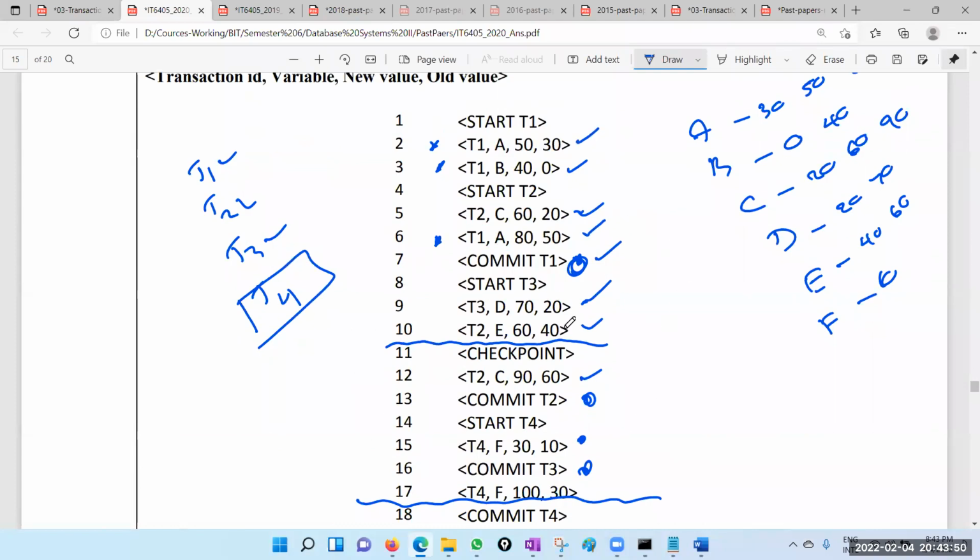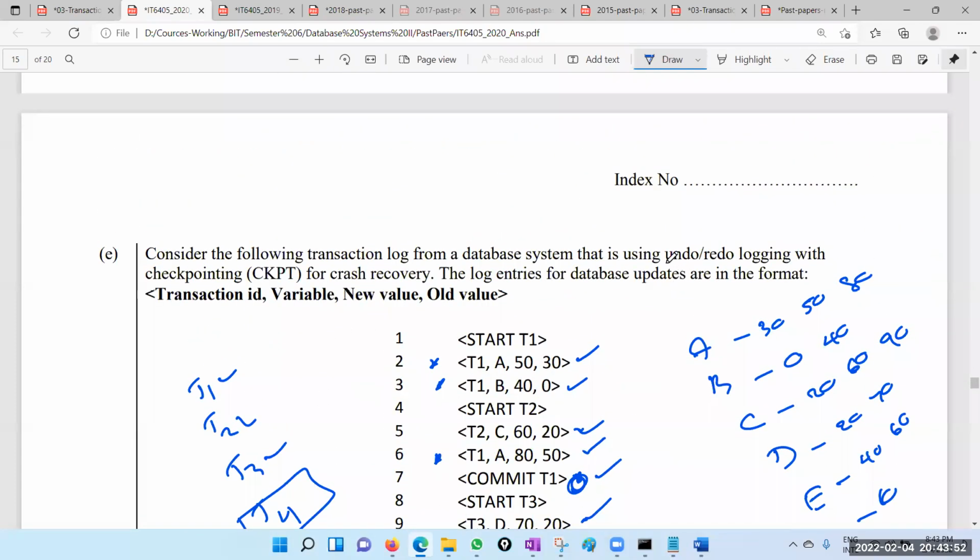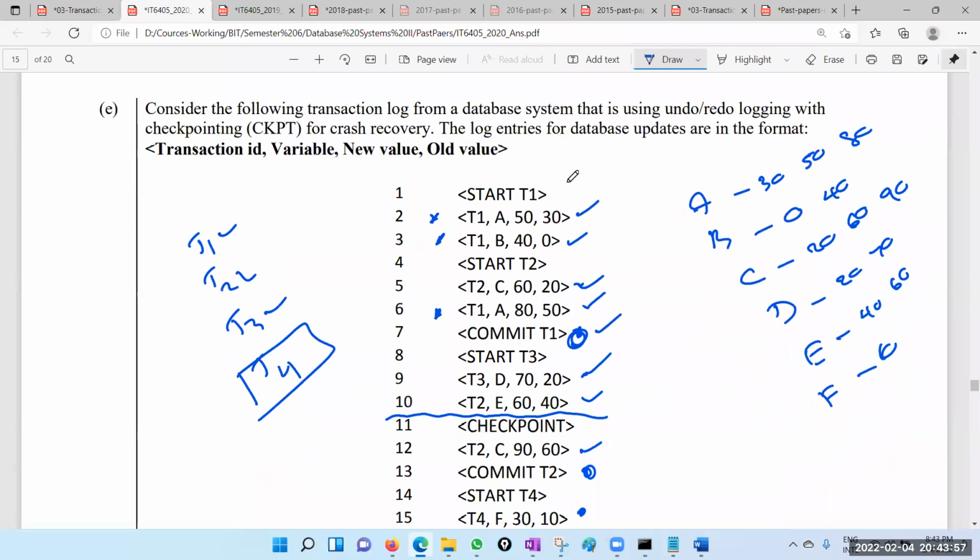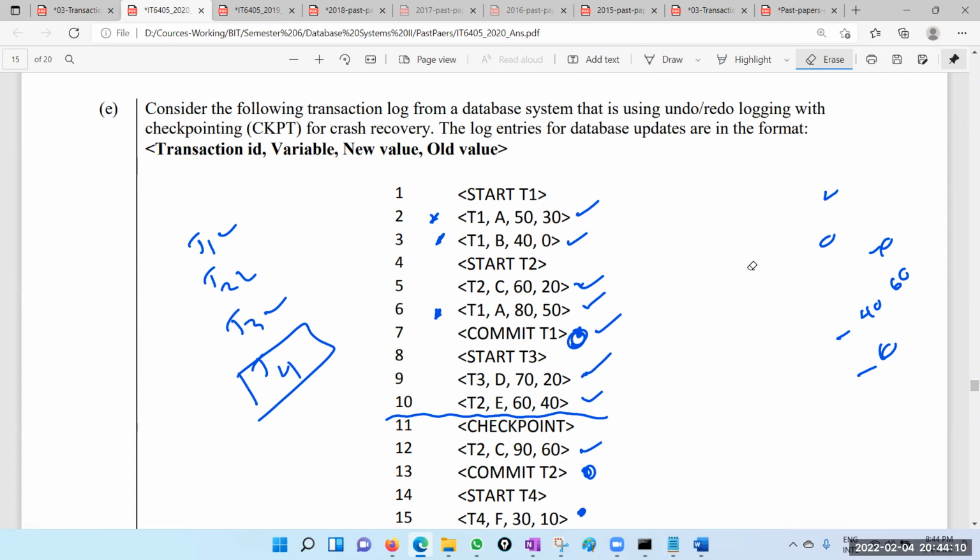It also says deferred update? No, it says undo redo. Okay, let's do this. So this is not deferred update.